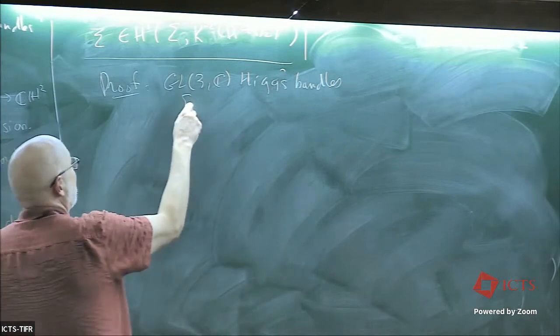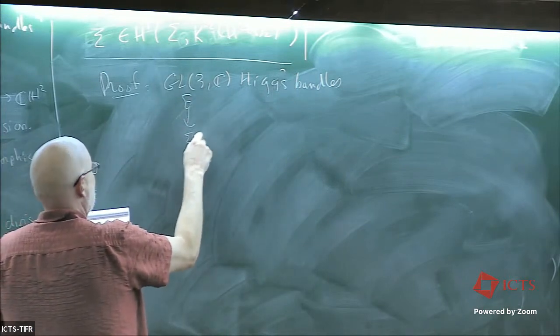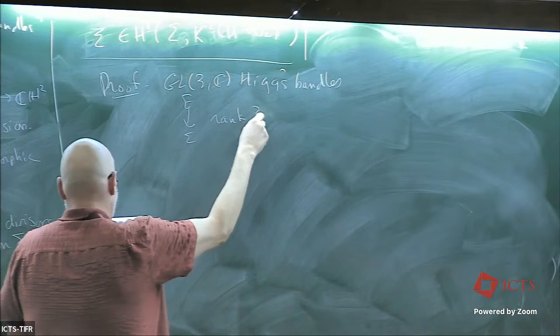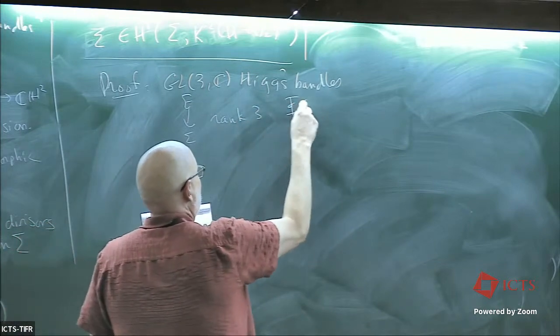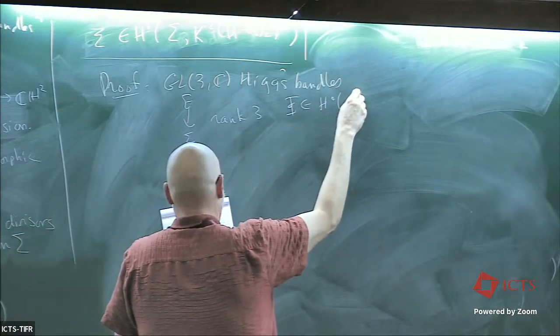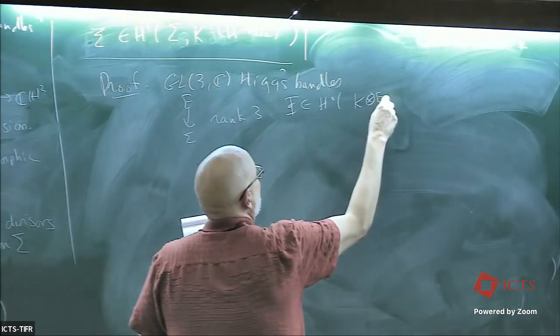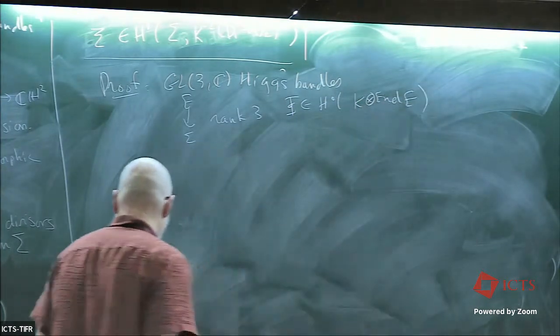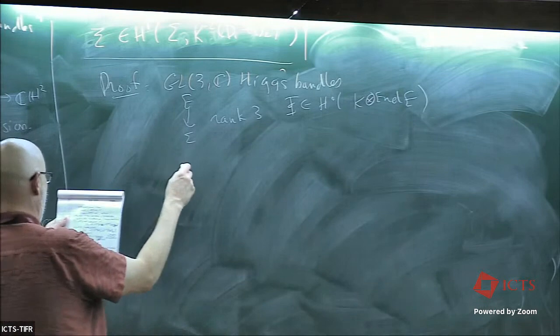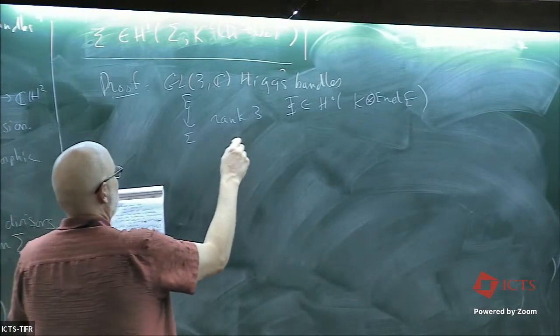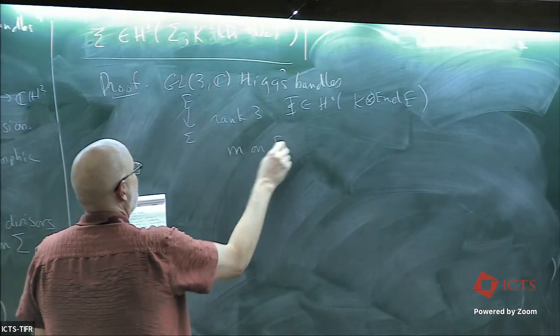We're going to have E of rank 3, and phi is going to be an endomorphism of E, and so you want a metric M on E.